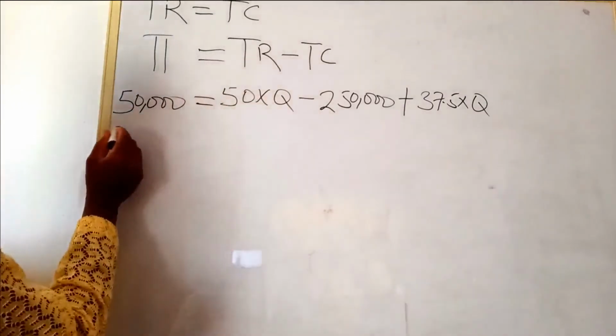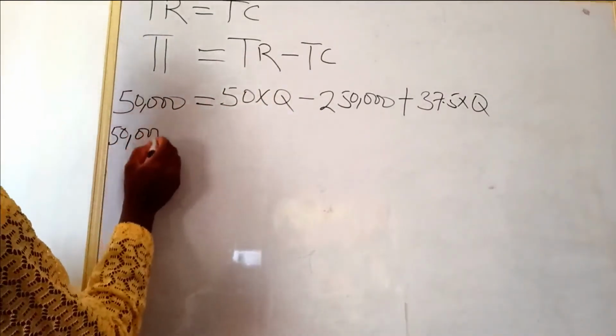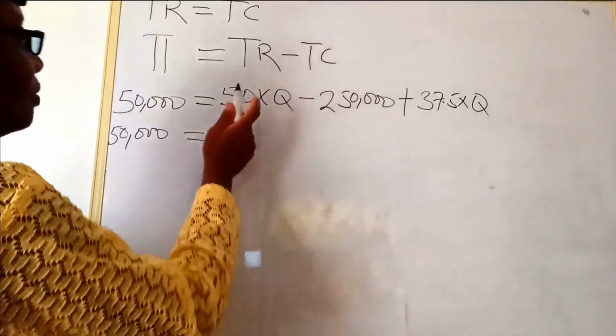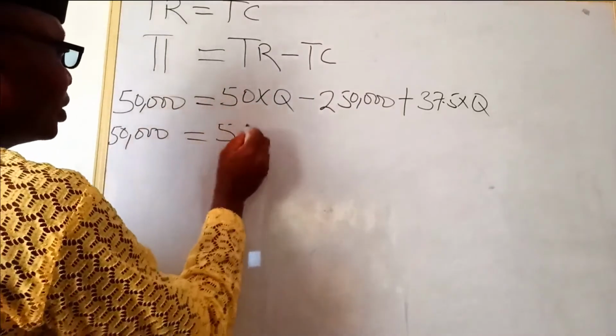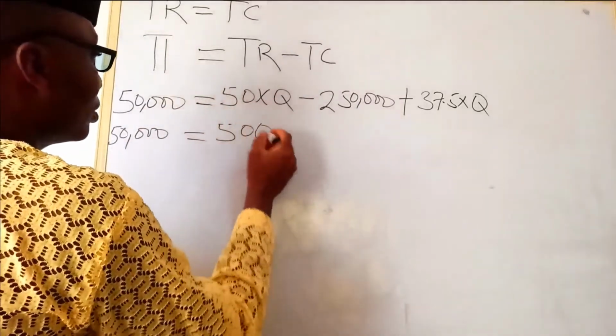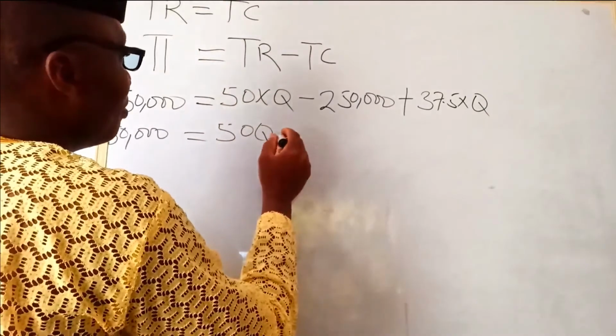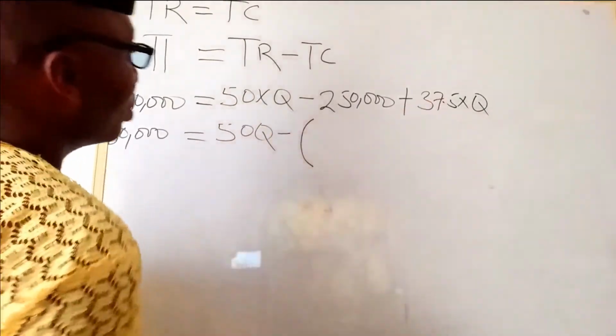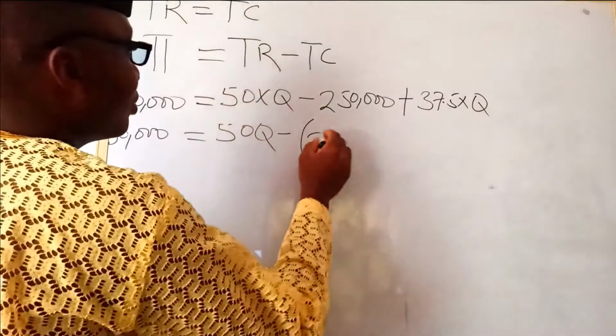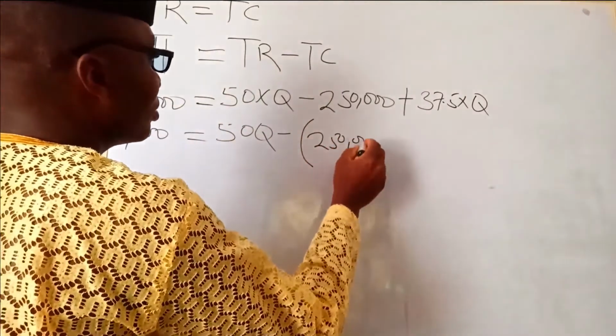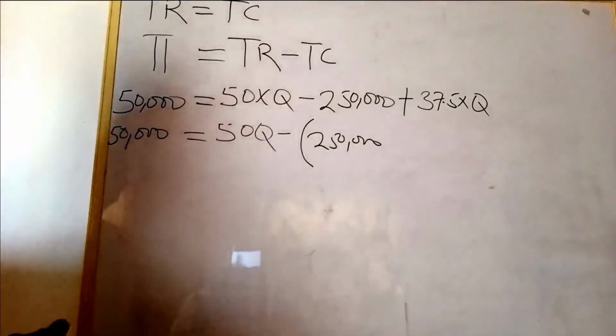So 50,000 equals 50 times Q. You have your 50Q minus, in brackets here because of what we have there, 250,000.